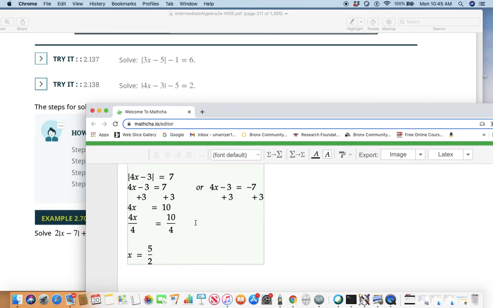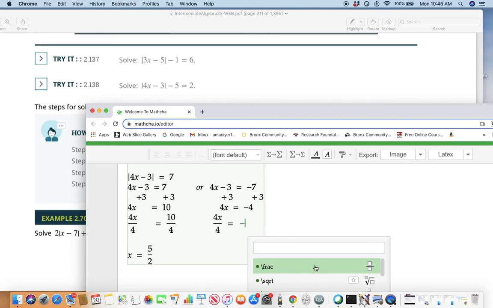On the other hand, here, when I add 3, these two cancel, I'm left with 4x equals negative 7 plus 3 is negative 4. Divide both sides by 4. So mind you, this is an OR. x equals negative 1. 4 over 4 with a negative.